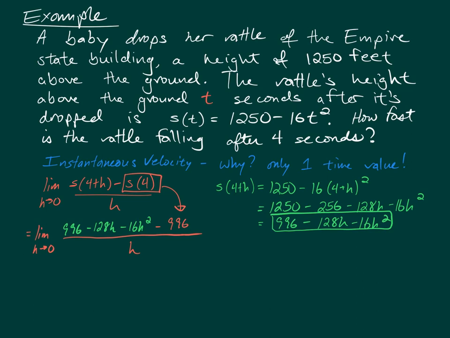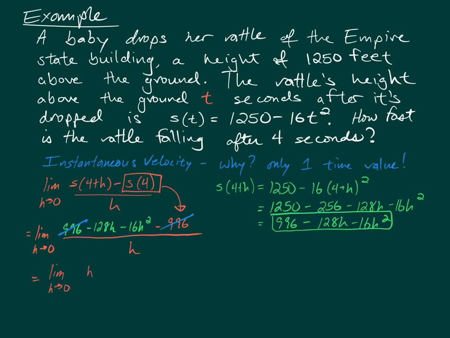And you can see pretty easily from this point that the 996 minus the 996 will reduce away, leaving you with terms that only have h in the numerator, which is good, because now we can factor out one of those h's.